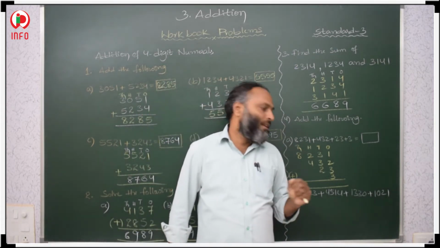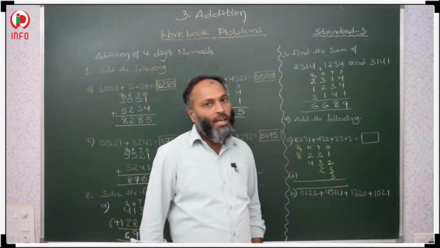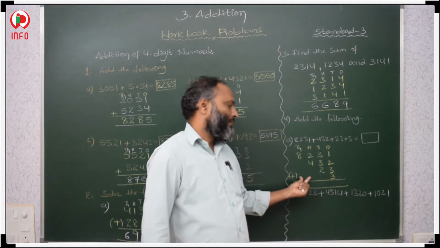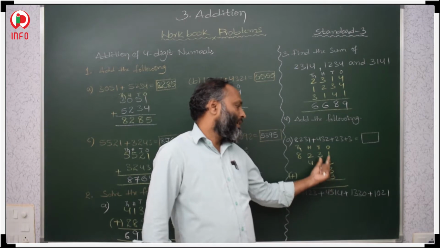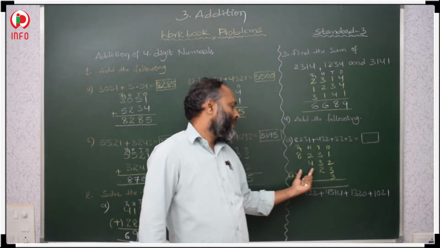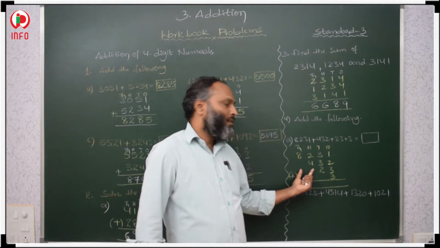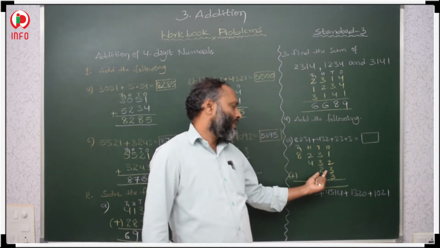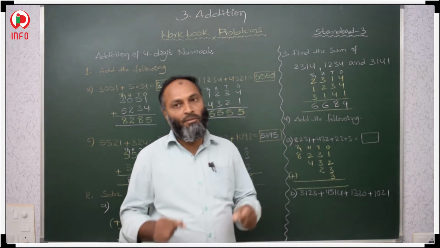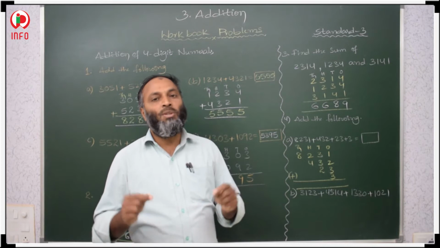If you write the numbers in zigzag, then your answer will be wrong. 23 is here. 2 is in tens place and 3 is in ones place. Don't confuse. You have to write the numbers in those particular places only.